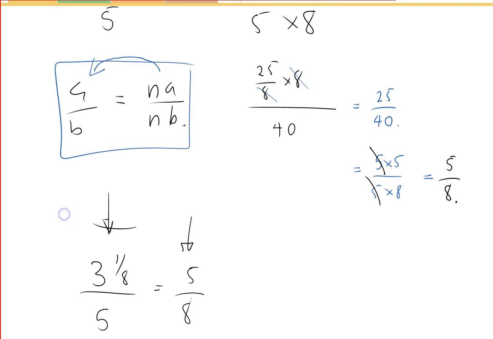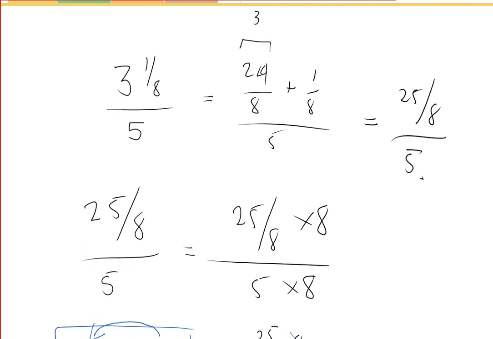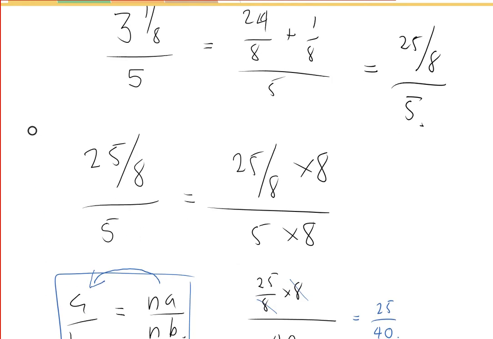I know this is going on a bit long, but let me go through all that process again, faster, as a kind of revision. 3 1/8 divided by 5 equals something over 5. What is it?